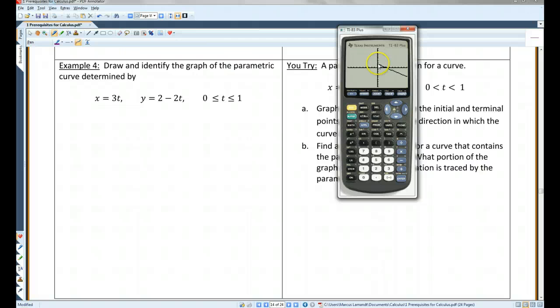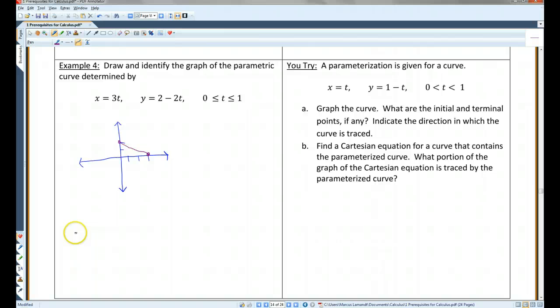Now we're really only looking from 0 to 1 because those are our bounds. So let me zoom in a little bit. Let's do negative 3 to 3. There we go. So this is our line. I'll go ahead and draw that over here.